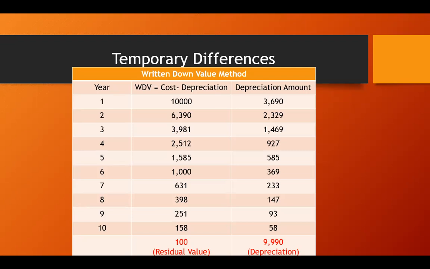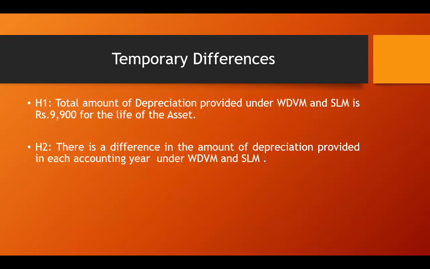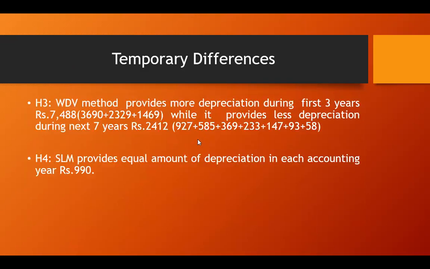Depreciation amount is 9,990. In this, we are giving more depreciation in the first 3 years, while it provides less depreciation during the next 7 years. Almost 75% of the depreciation amount is given in the first 3 years, and only 24% is given in the next 7 years. So the distribution is different in the WDV method.